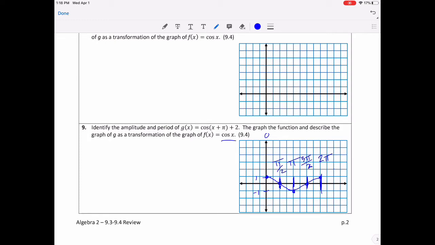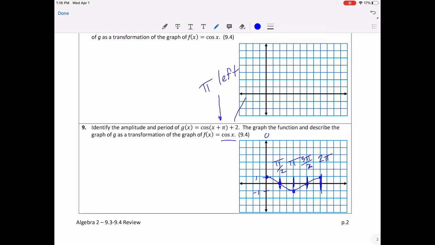Okay, so let's now graph the cosine of x plus pi, plus 2. Well, let's identify our transformations. This one's in with x, and it's x minus h, so it must have been minus a minus pi. So that would be pi which way? You got it, pi left.